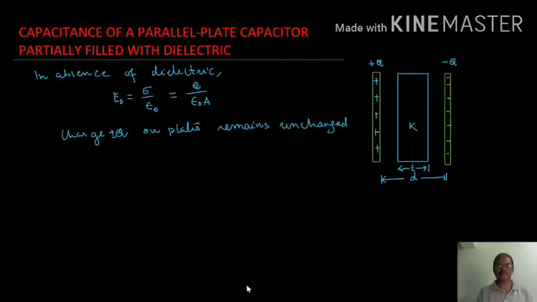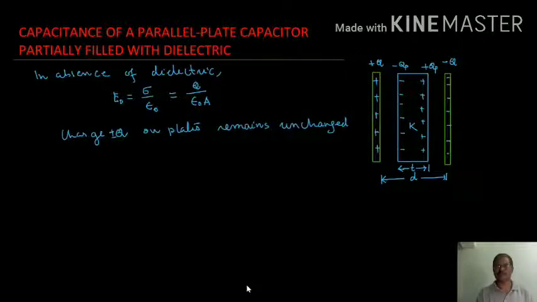Now the original electric field E0 polarizes the dielectric. The left face of the dielectric becomes negatively charged, that is minus QP, the charge due to polarization, and the right face of the dielectric is polarized with charge plus QP.